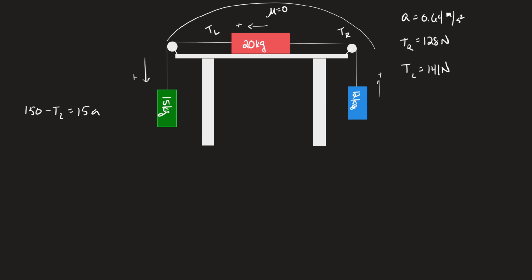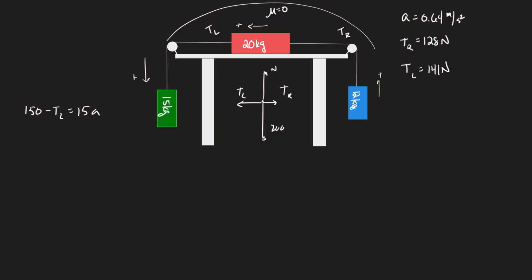Now this one, yeah, there's four forces on it, sure. There's weight, and there's normal, but those are going to be equal and opposite, right? The net force is zero because it's not accelerating up or down. What I really care about is the fact that there's TL to the left and TR to the right, and TL is probably greater than TR.